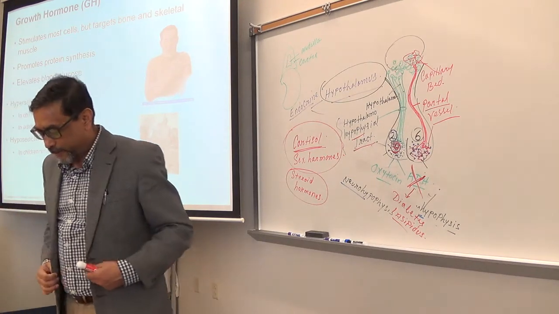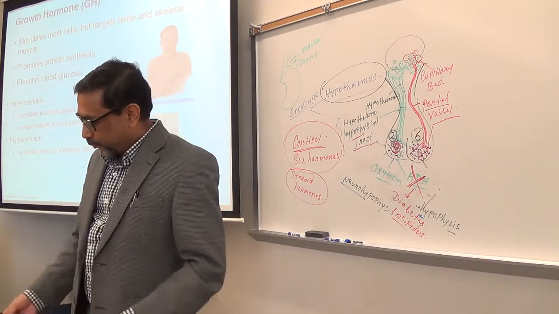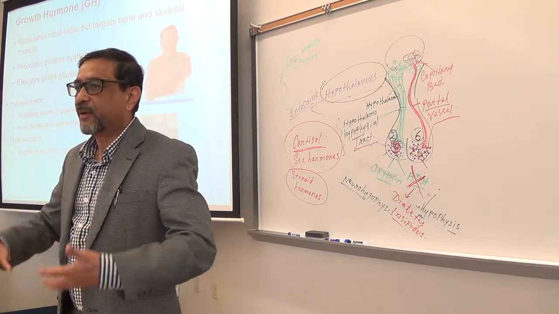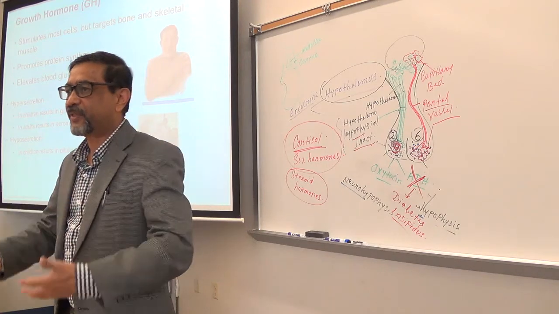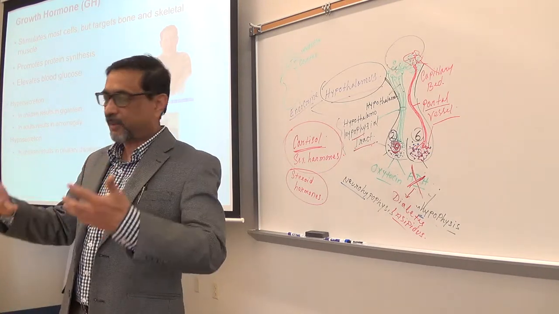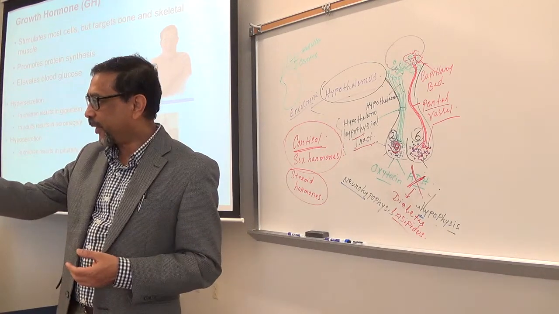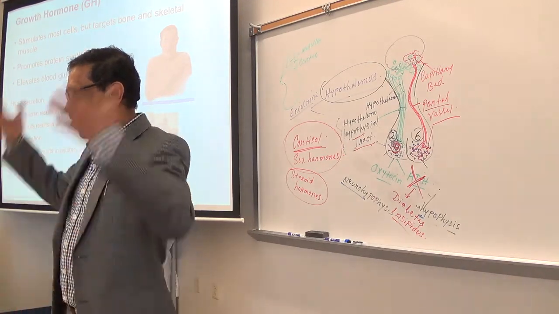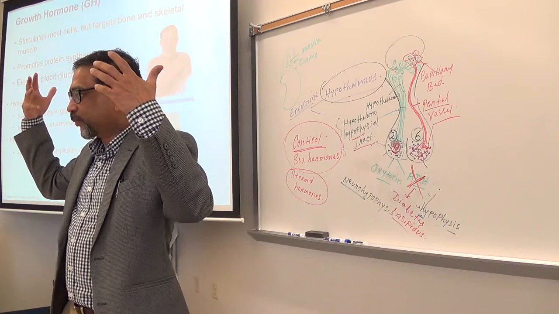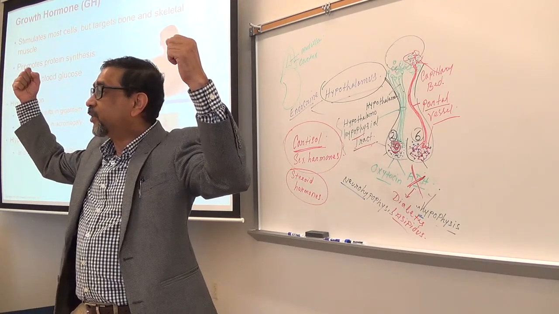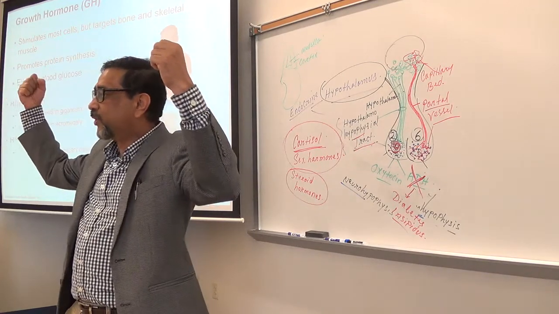So, if during the growth of the body, that means during the early part of your life, growth hormone secretion is more than normal, the person's body will grow fast, right? So the person will get very big, right? And that is called gigantism or giantism.